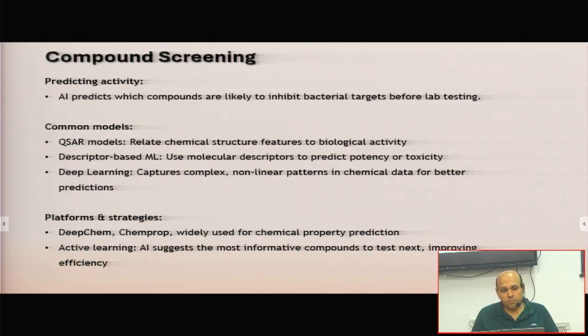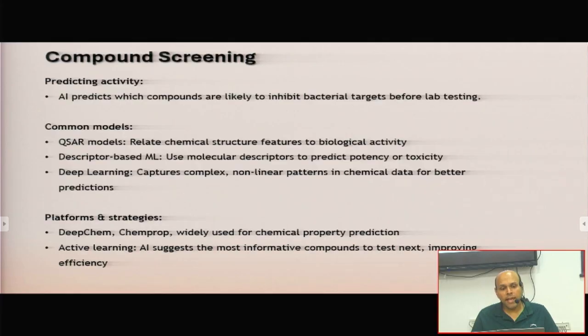Then you have got deep learning, which captures complex non-linear patterns in chemical data for better prediction. And there are several platforms that are highlighted: DeepChem, ChemProp. These are Python-based tools which are widely used for chemical property prediction, for example.